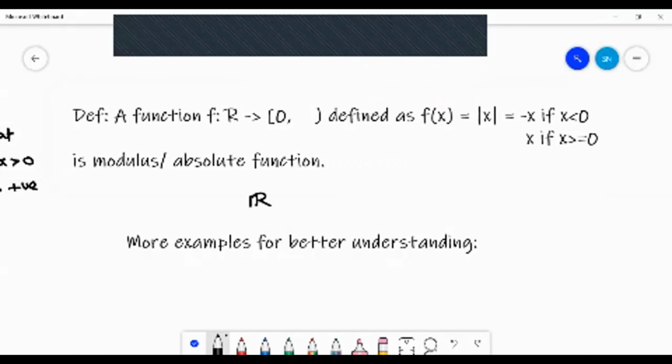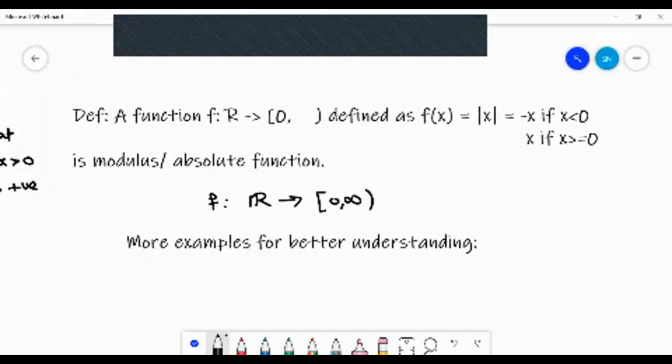And it is defined as f of x is equal to modulus of x, which is equal to minus x if x is less than 0, and x if x is greater than or equal to 0. So this is the definition of the absolute function.